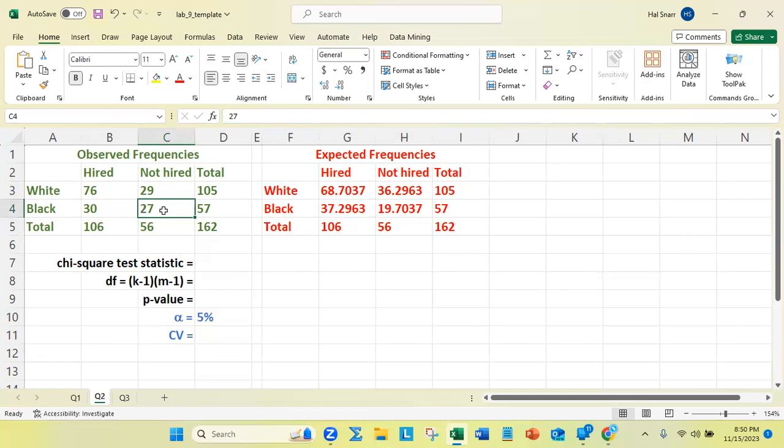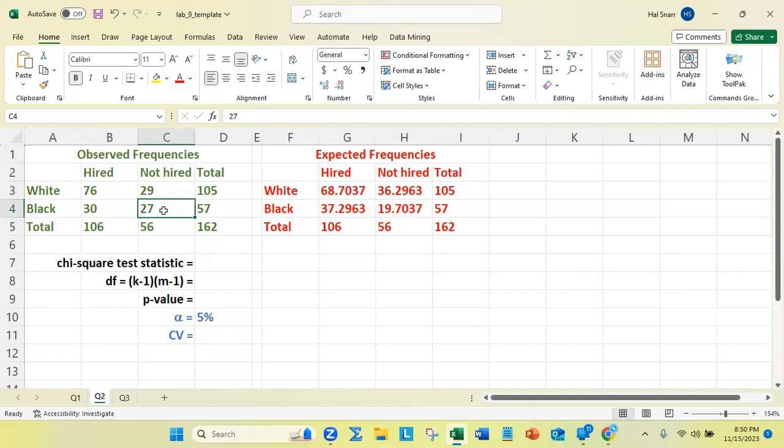So knowing that there's going to be differences between our expected frequencies and observed frequencies, the question is whether those differences are significant, whether that collective difference is significant.